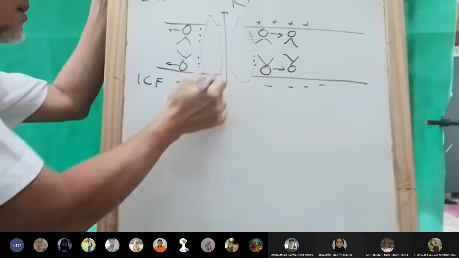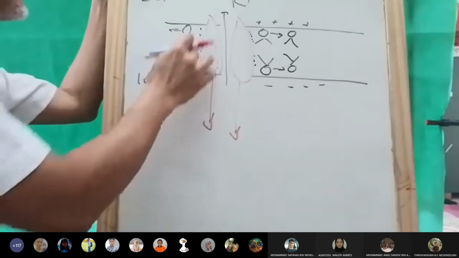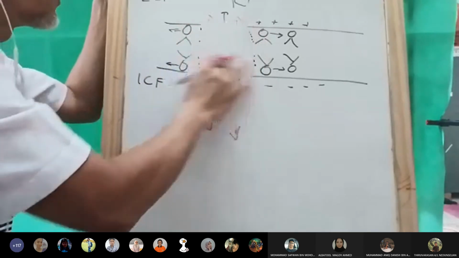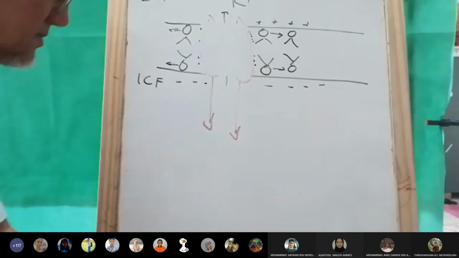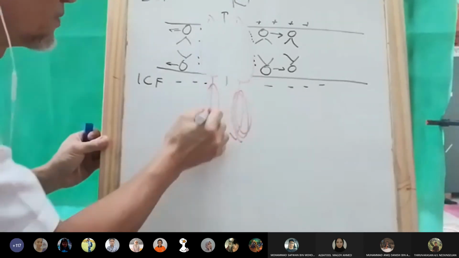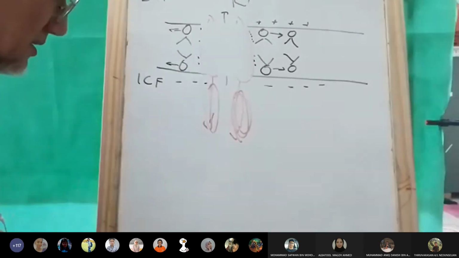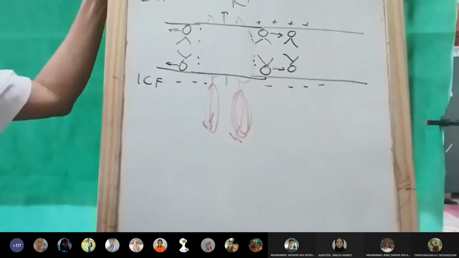So it will drop into the cell. If it drops into the cell, you don't have these proteins there anymore. So these protein channels or pores drop into the cell, and what you have now is closure.